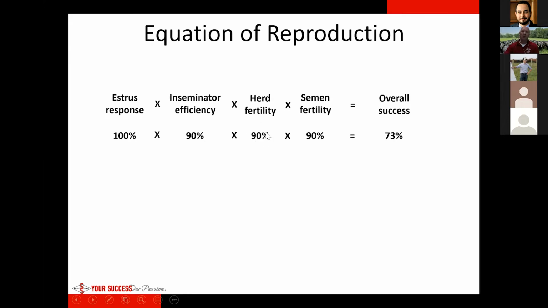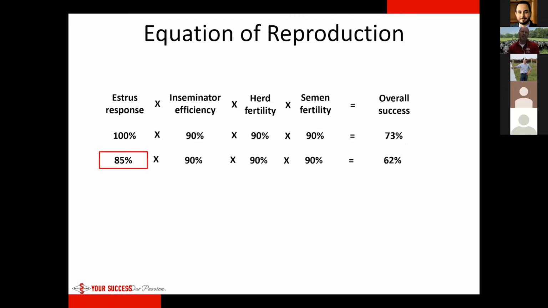We talked a little bit about herd fertility tonight as well, making sure those cows are the right body condition score and those heifers are developed correctly. And then looking at semen fertility, 90% semen fertility. When you multiply all of these different effects across, in ideal, perfect situations where things are working great, the overall success rate could possibly be 73%.